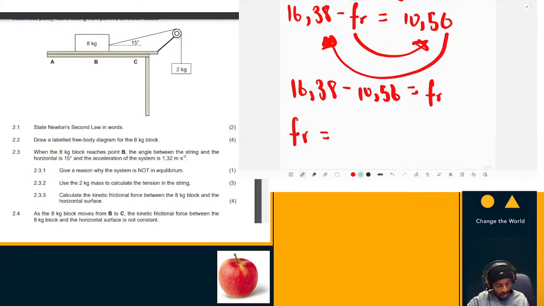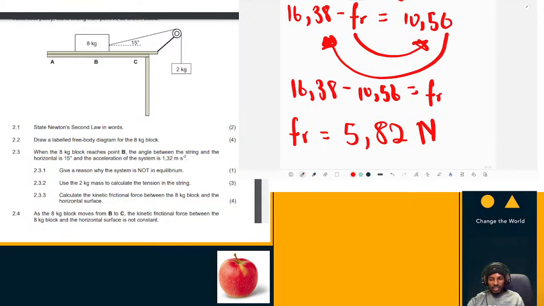So the final answer that I'm getting is 5.82 newtons. 5.82 newtons to the left, because we know the friction is opposing the motion.